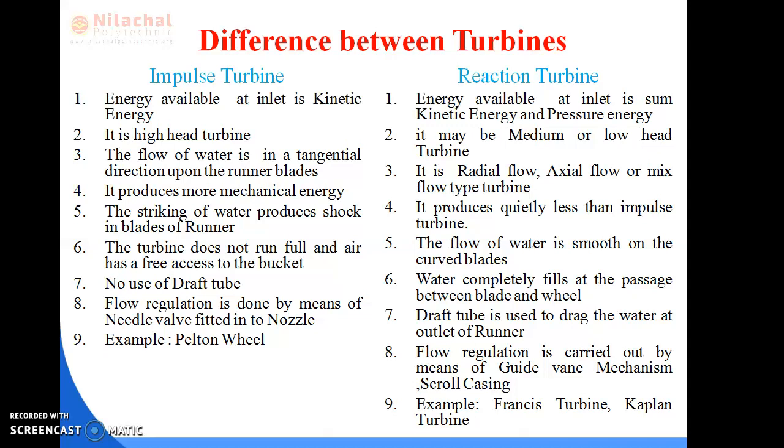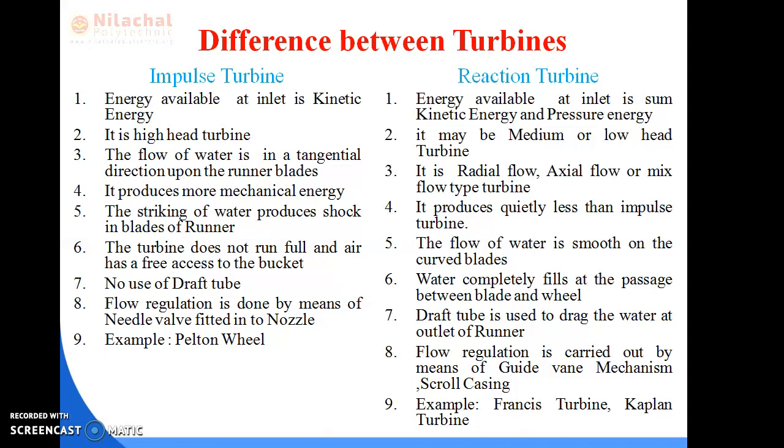In an impulse turbine, we use a nozzle by which we get a high velocity jet of water. This high velocity water is utilized in the turbine unit so that we get the maximum mechanical power. But in a reaction turbine, only some part of the pressure energy is converted into kinetic energy, and thereby we get less power from a reaction turbine.